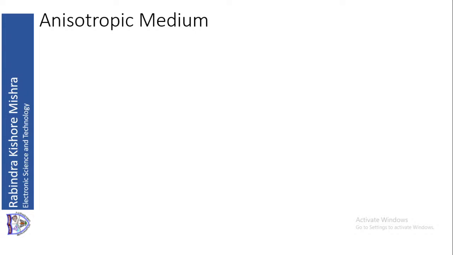Because D is equal to epsilon 0 E plus P. Now P is changing with direction. Therefore, epsilon r is changing with direction. In the presence of magnetic field, epsilon r is changing with direction.